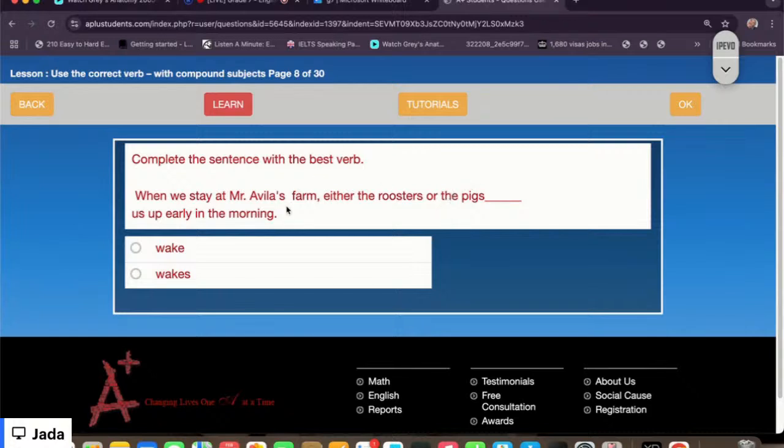Okay, so when we stay at Mr. Avila's farm, either the roosters or the pigs dash us up early in the morning. So what's the right verb over here?